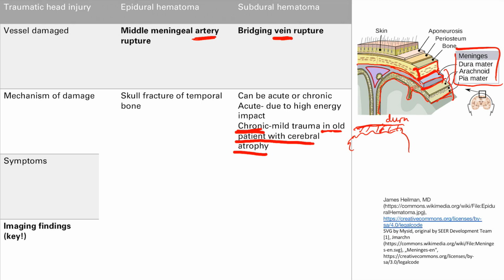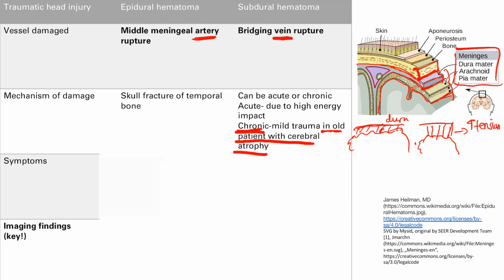When the brain shrinks, there's more space, and now your veins are under high tension. They're getting pulled already, they're getting stretched, so they're easier to break. And you get some mild trauma, and then it snaps. Your little bridging vein snaps, and you get bleeding.